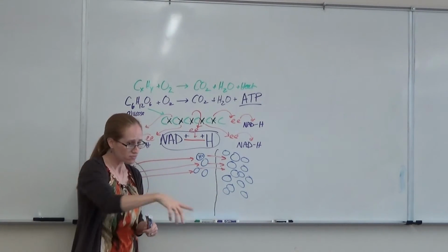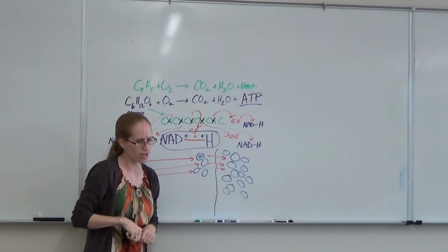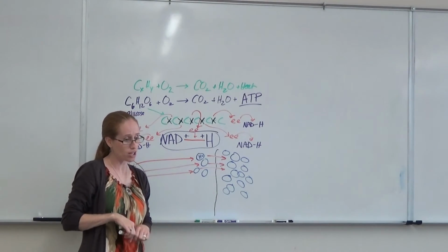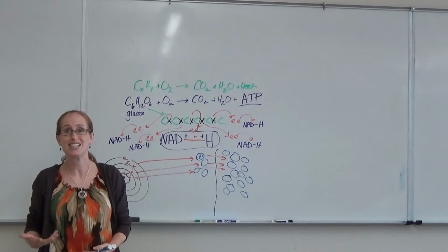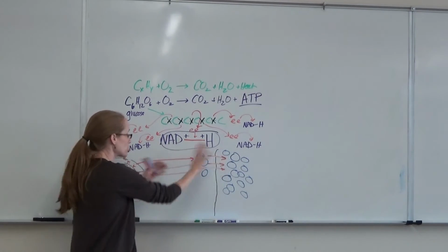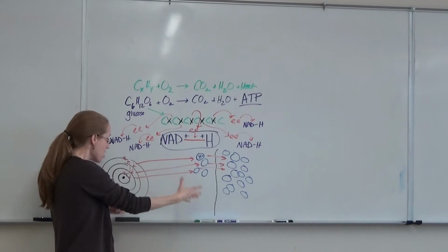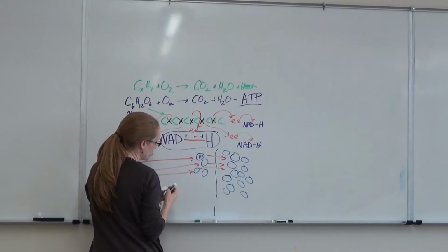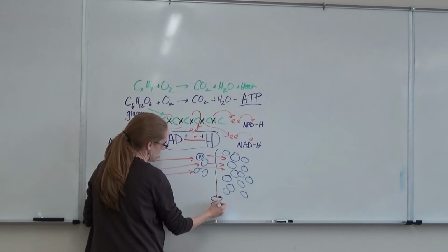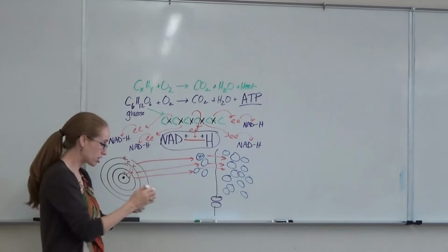And so that third point says if hydrogen ions flow back down their concentration gradient, they go through a special channel that can make ATP. So as we push them across using our electrons, then we have our special protein right here that'll allow them to go back through.